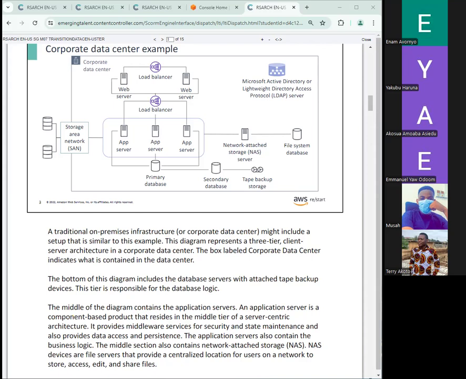And that would typically be a collection of hard drives that are structured in such a way that the application server has access to those hard drives. Do you understand?